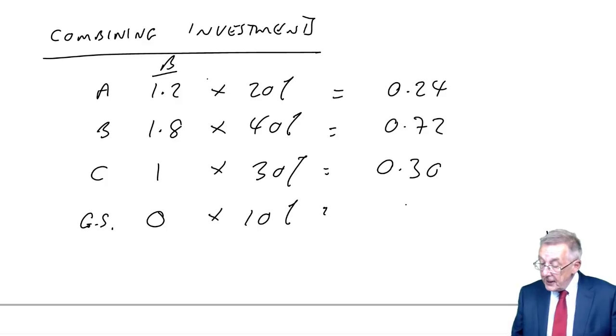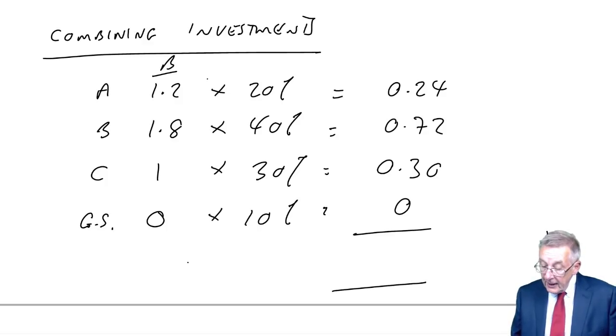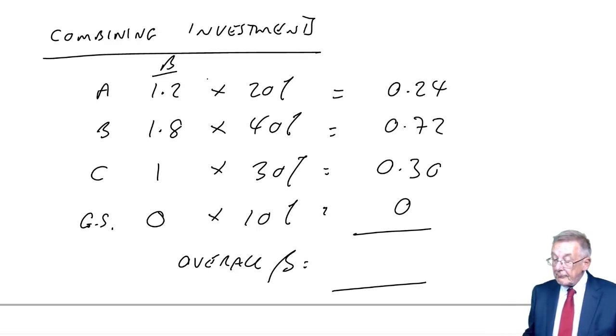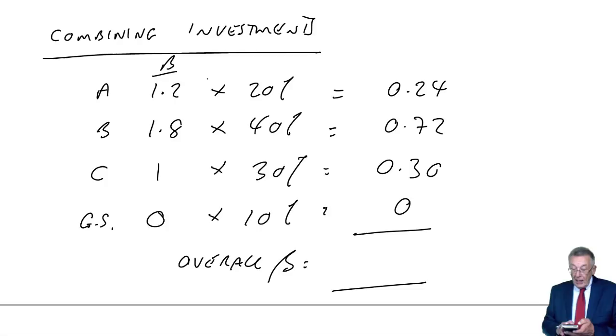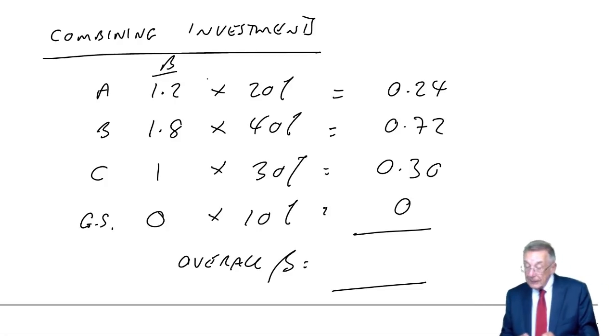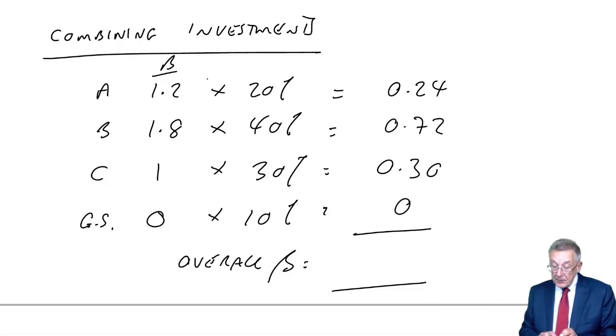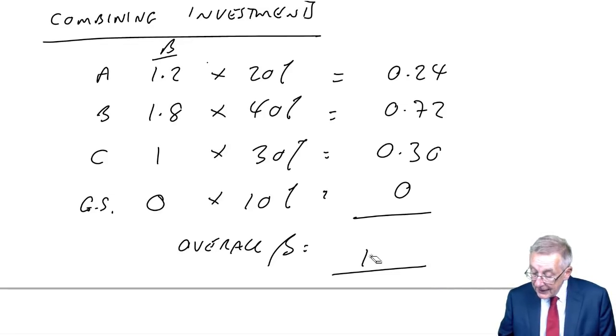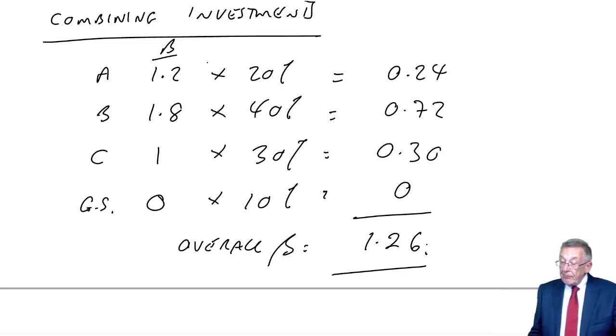And of course 10% of 0 is 0. So the overall beta, 0.24 plus 0.72 plus 0.3 is 1.26. Which I think is a reasonable enough answer.